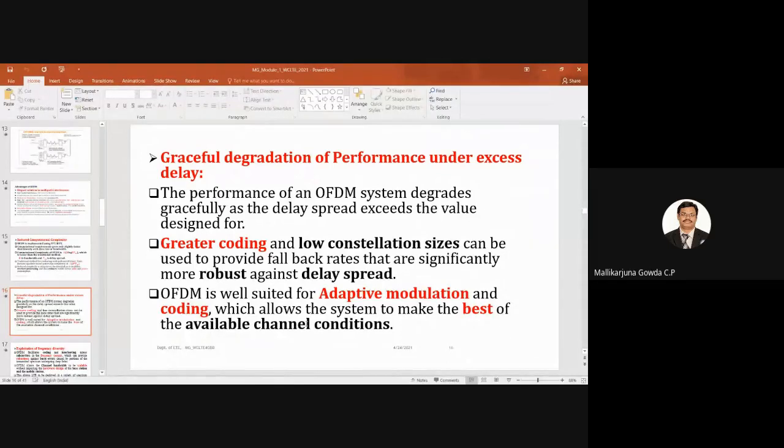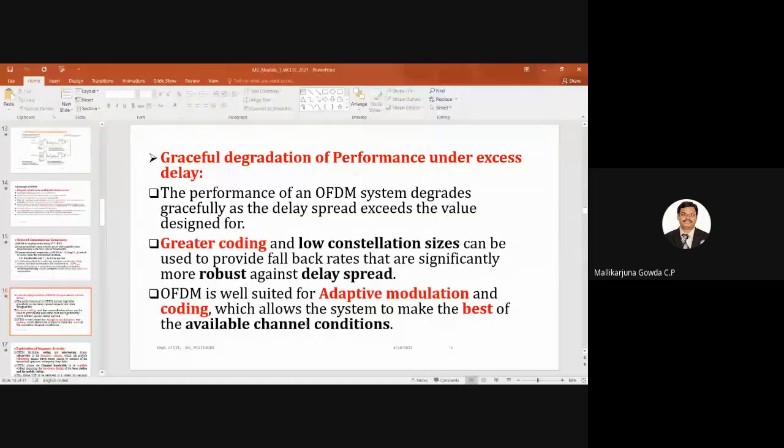Then OFDM is suited for adaptive modulation and coding. We'll discuss in detail about this AMC, as we call it in short. I said OFDM is suited for AMC, adaptive modulation and coding, which allows the system to make the best of the available channel conditions.